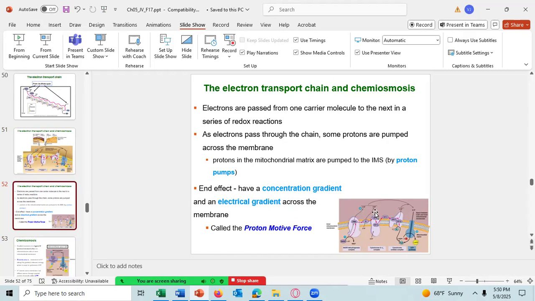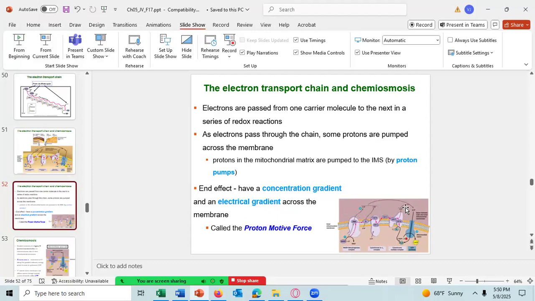All right, let me mention that the proton gradient has 2 forms of potential energy. There's more hydrogen on this side than on this side. There's more positive charges on this side of the membrane than that side of the membrane. So these hydrogen ions are going to want to move to this side of the membrane. That's potential energy, but potential energy is used to make ATP.